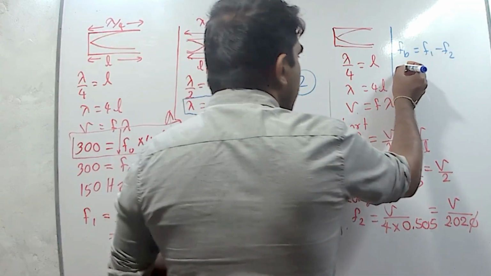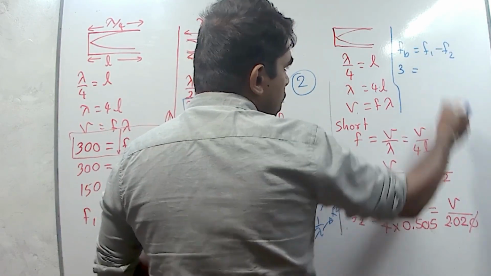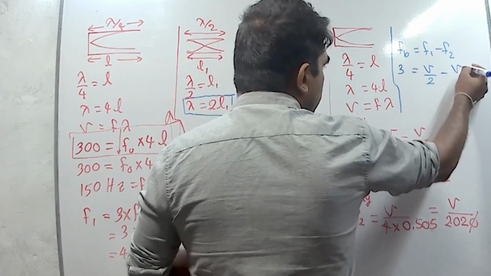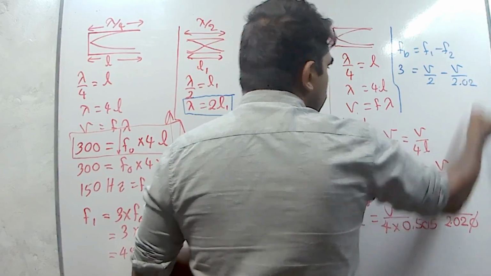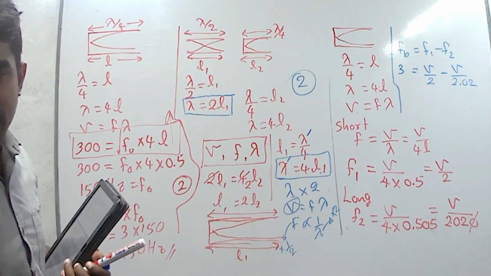Then beats frequency 3, we can substitute: F1 is V over 2 minus F2 is V over 2.02. Then we can find the V value from the equation.